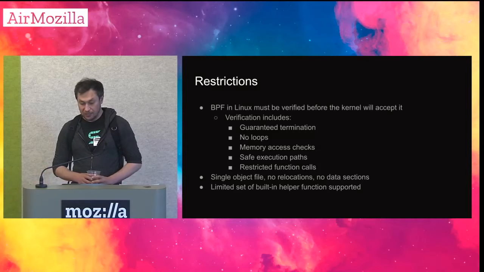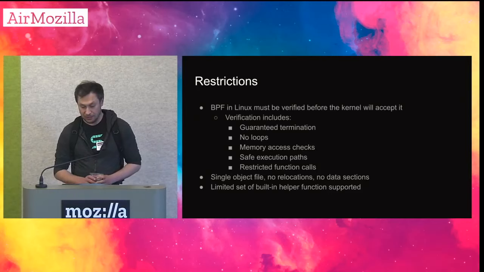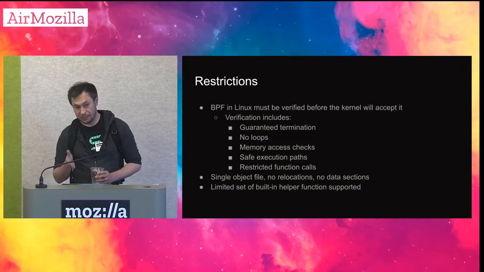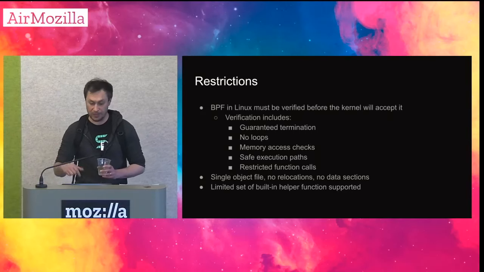BPF in Linux must be verified before the kernel will accept it. It guarantees termination. The way it does it is it makes sure that all the loops, all the jumps, never actually jump backwards. So you can jump forward, and you can jump backwards in such a way that it won't jump again.